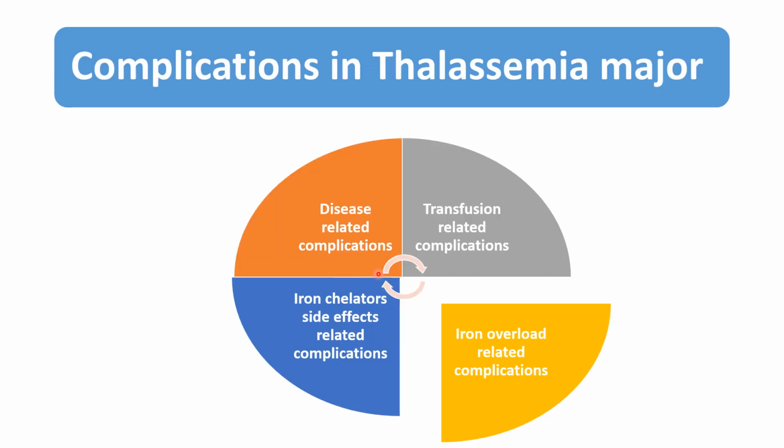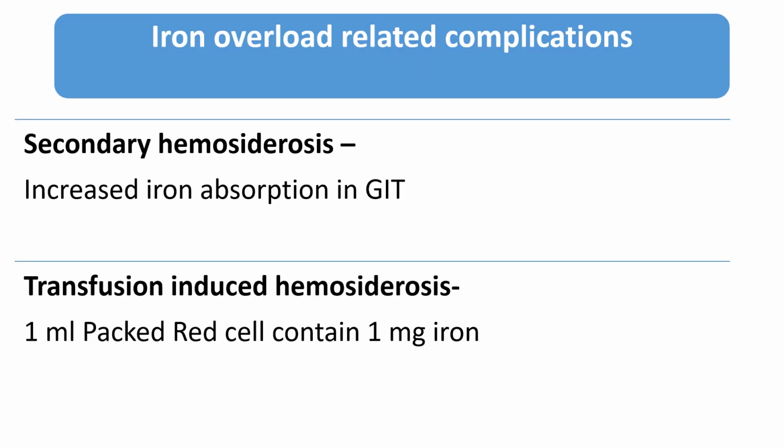After the disease related and transfusion related complications, patient will develop iron overload related complications. So iron overload we label as secondary hemosiderosis, which is because of increased iron absorption in the GIT due to chronic anemia and increased erythroid drive.